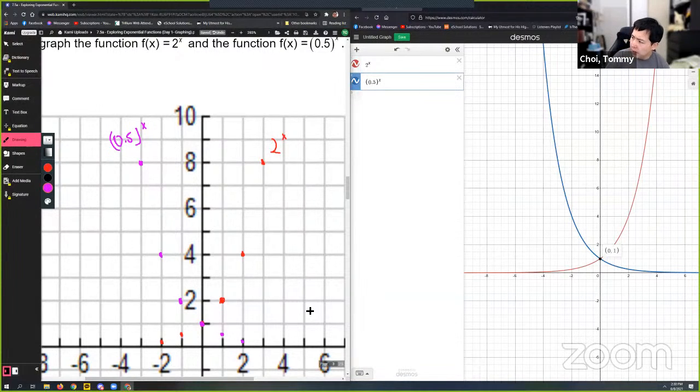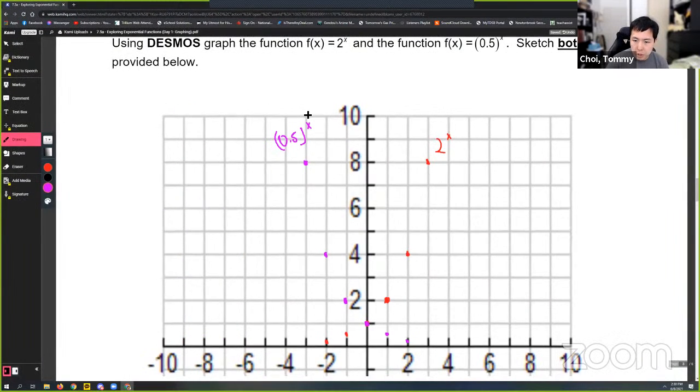Now, why would that be the case? Anyone have any suspicion as to why that might be the case? Why is it the complete opposite of this? Well, what is 0.5 as a fraction? 1/2, exactly.